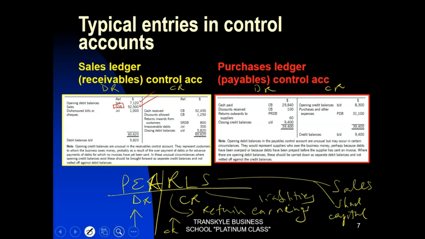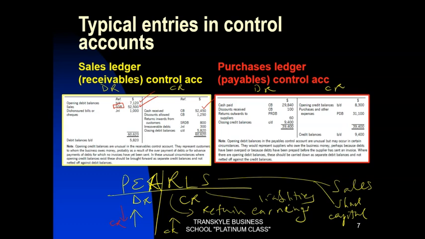To reduce the debits, you have to credit them. This is why you see the cash received from customers on the credit side, because we are reducing the asset, we are reducing the receivable.